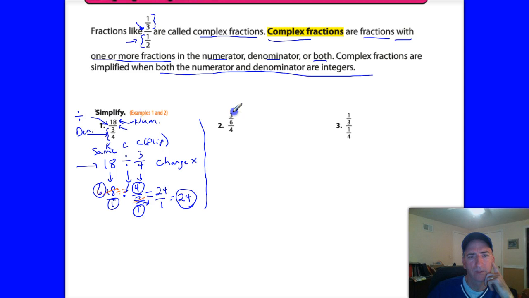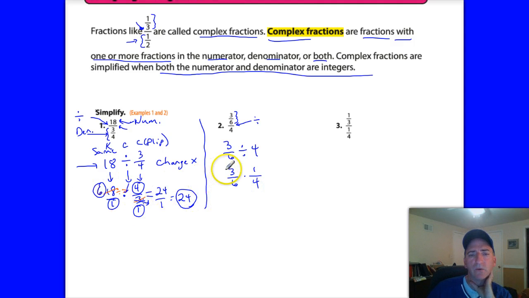Take a look at number 2. You've got 3/6. Now notice this line right here. That's the division. That's 3/6 divided by 4. So write down the problem as a division problem. I'm showing you how to do your homework here. This is what it should look like when you're doing the work in class. 3/6 divided by 4. Now keep, change, flip.